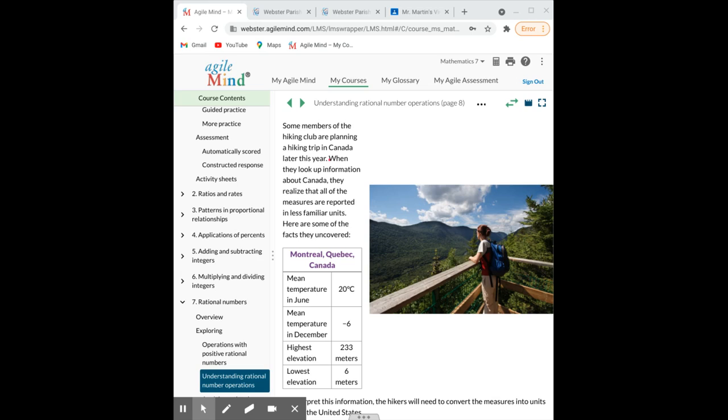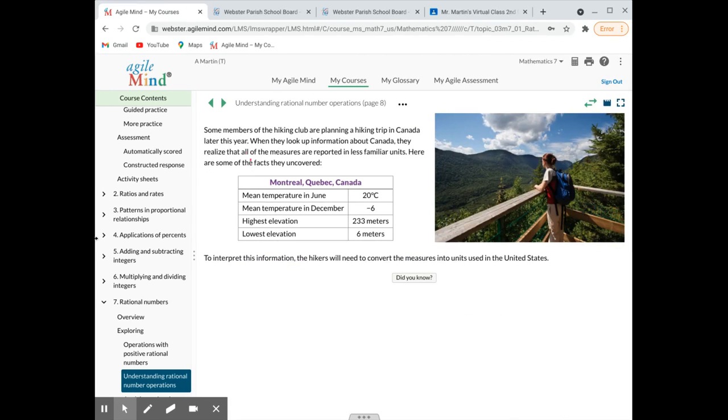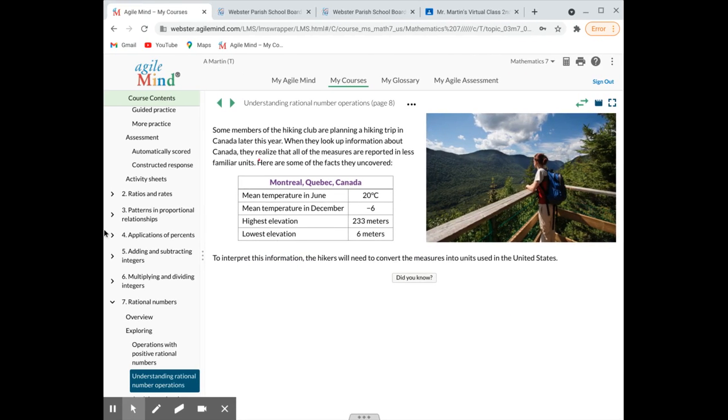Thank you. So if you look at that down there in the bottom, it says to interpret this information, the hikers will need to convert the measure into units for what? What's it say right there?